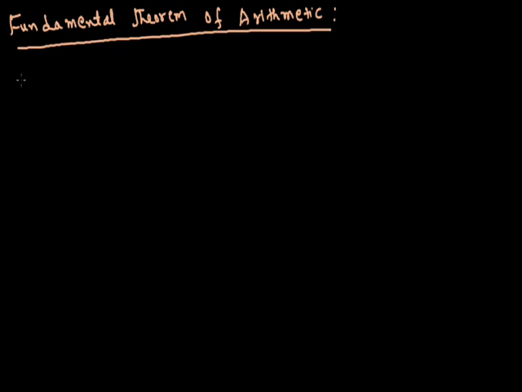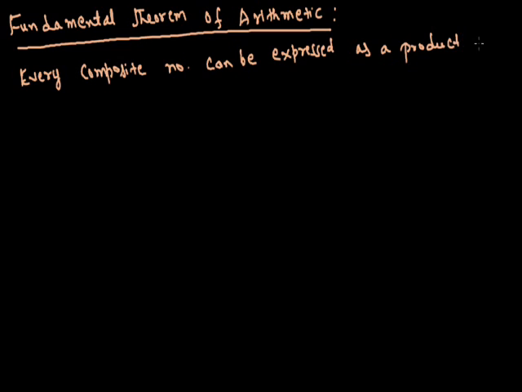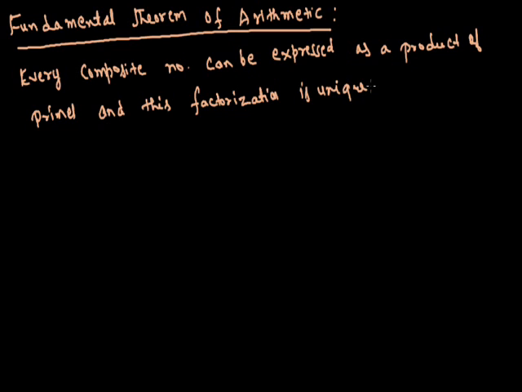Every composite number can be expressed as a product of primes, and this factorization is unique except for the order in which the prime factors occur.